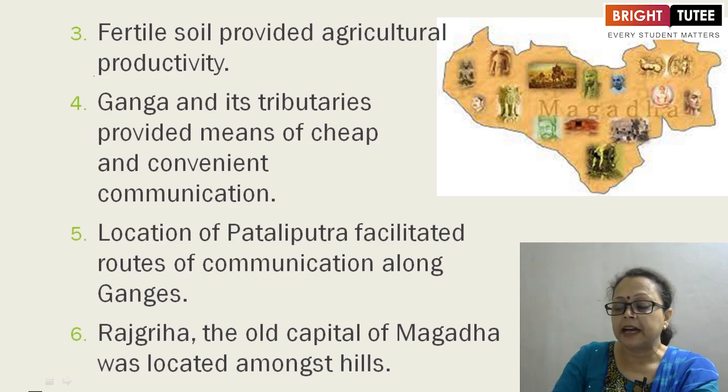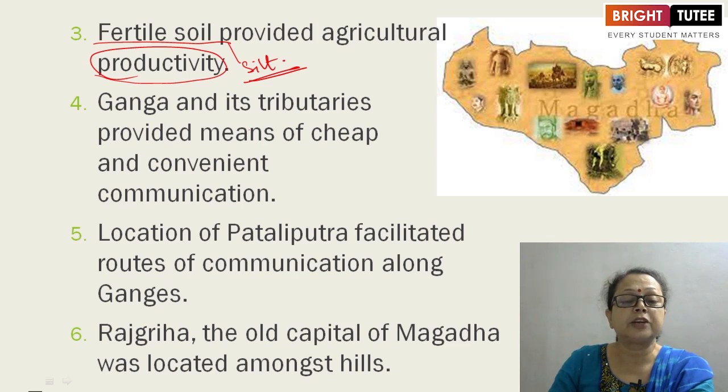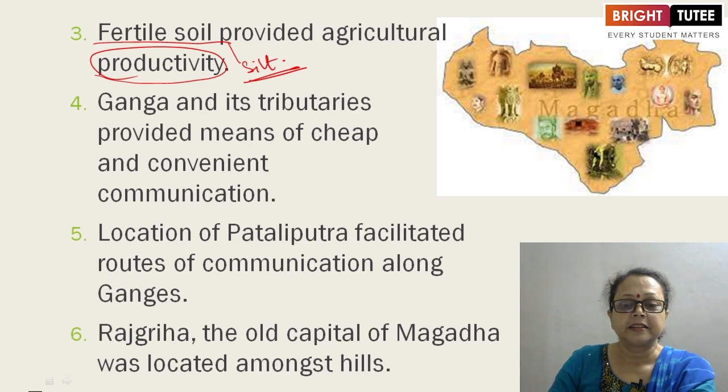Not only that, the alluvial soil, fertile soil, means the silt brought by the river Ganga and its tributaries, which makes the land very fertile. The rate of agricultural productivity was very high. Movement from one place to another was also very easy with the help of the river water.